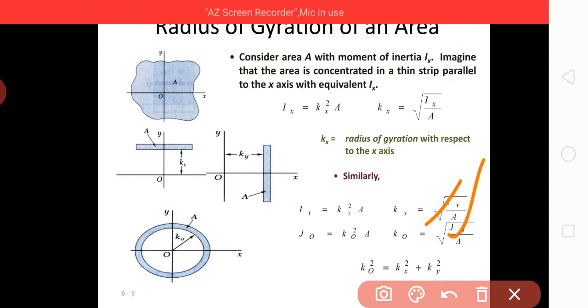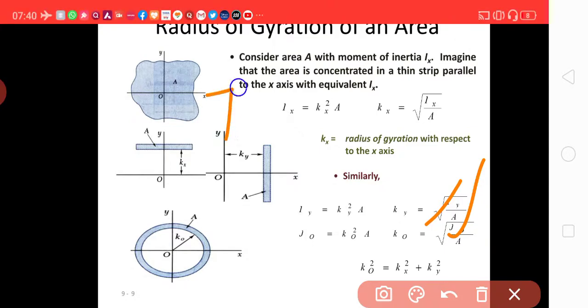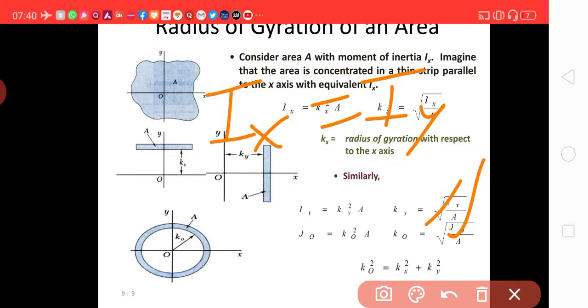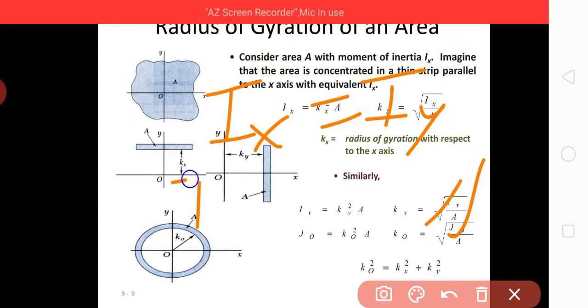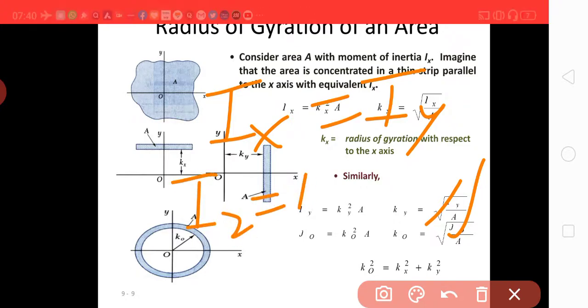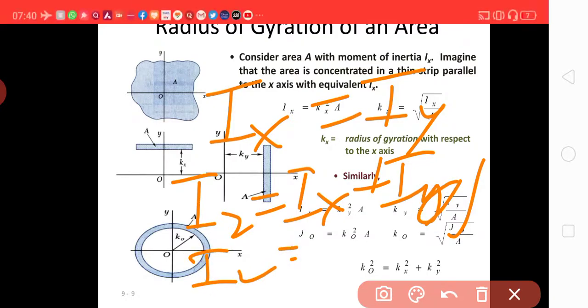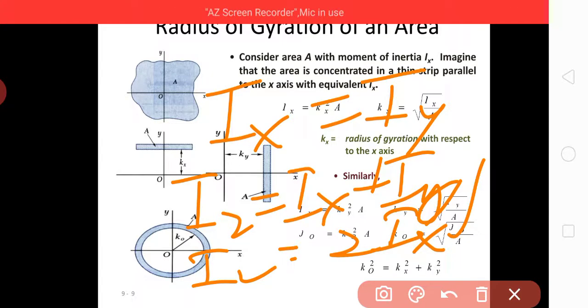And from the principle of symmetry, you can find Ix equal to Iy, and from the perpendicular axis theorem we know Iz equal to Ix plus Iy, or Iz equal to 2Ix, so this relation holds.